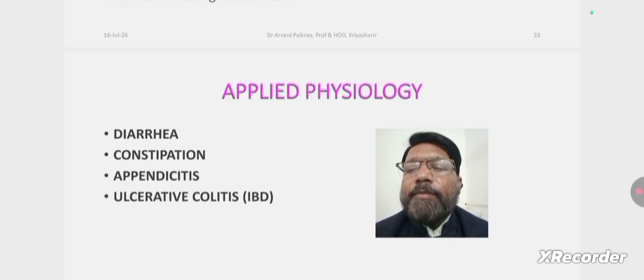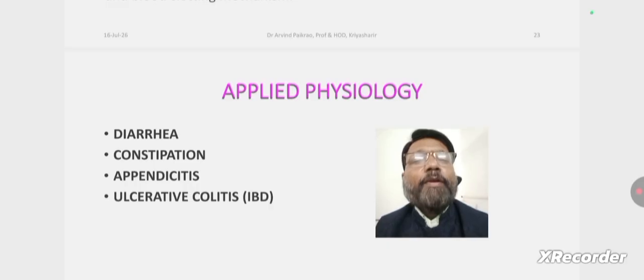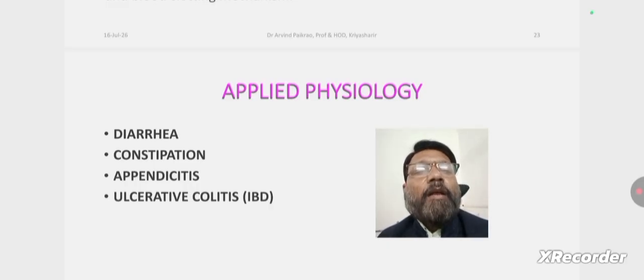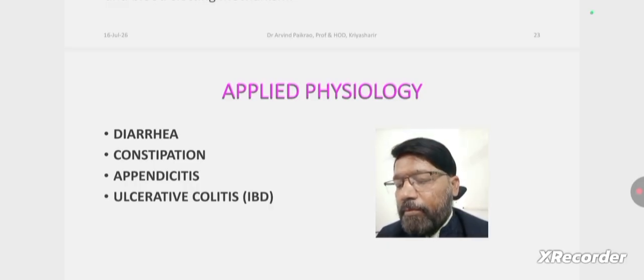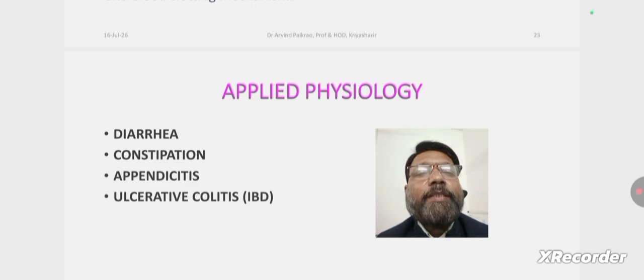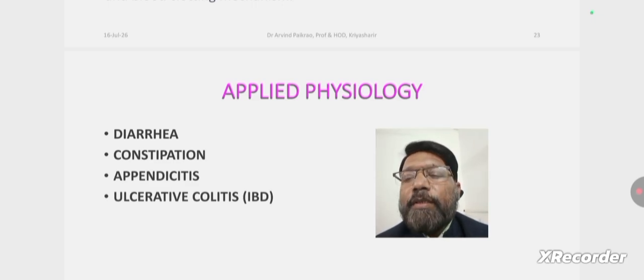Ulcers are found in many areas of the intestine, in gastric and peptic ulcer, in the small intestine, and in the large intestine also. IBD is a particular disease that occurs. All these diseases, the applied physiology, we can learn in pathology next year.